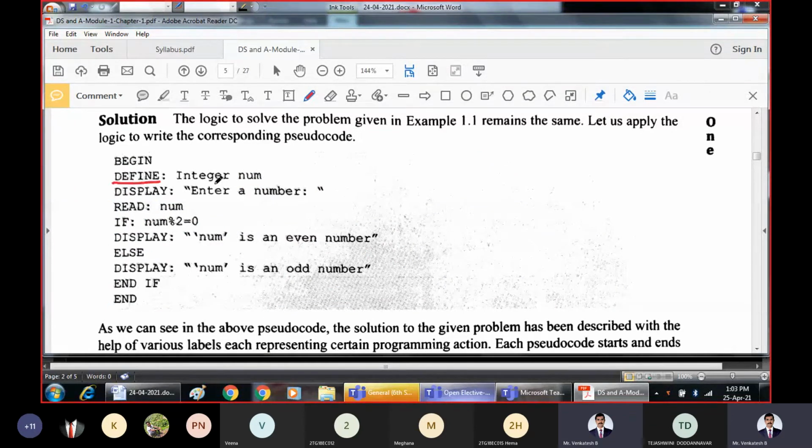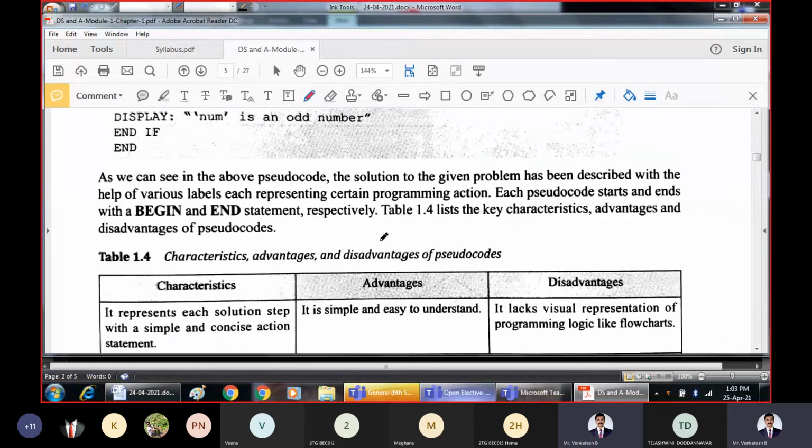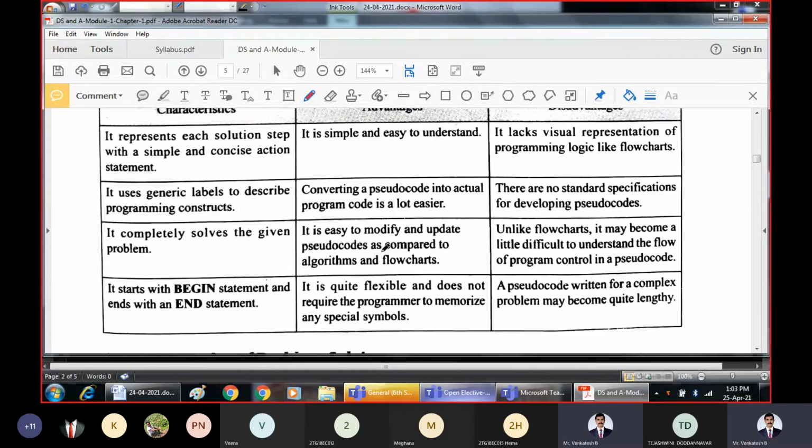That means defining a number, that is an integer number, is a simple English phrase, and this is again a programming construct. So it is a combination of both, which will be easy for us to understand. Before you develop the program, if you write the pseudocode, it will be simple for us to write the exact program. So very similar to the algorithm and flowchart, we have different characteristics, advantages and disadvantages for this also.